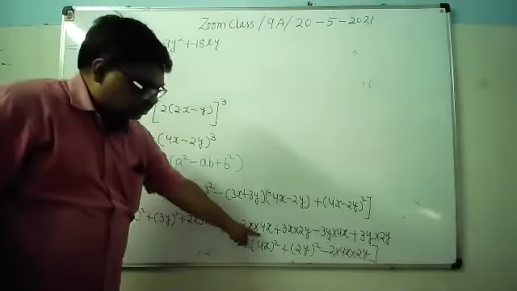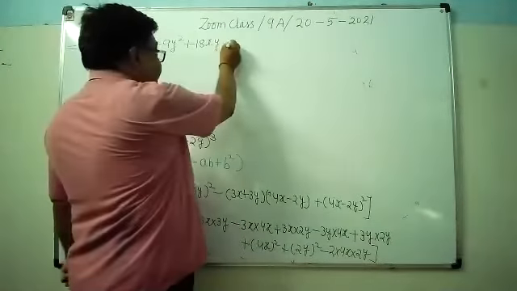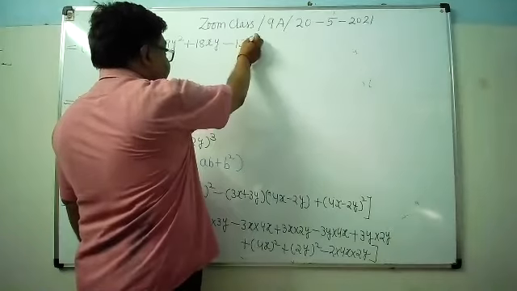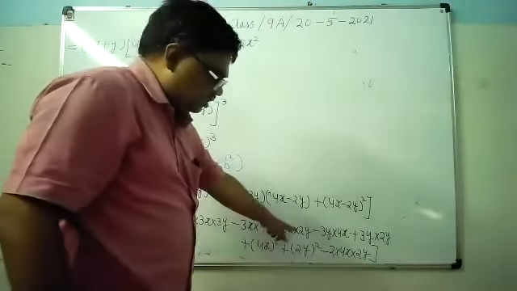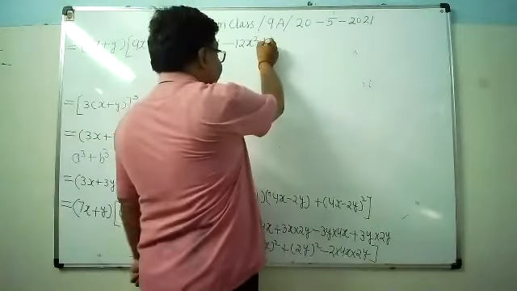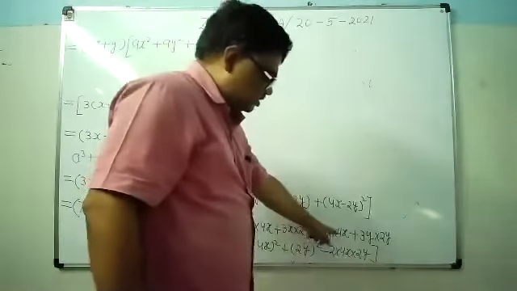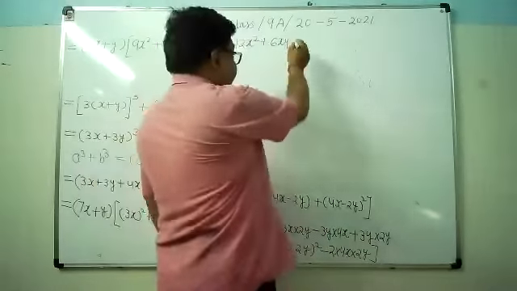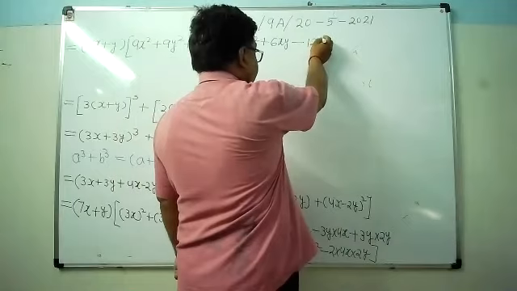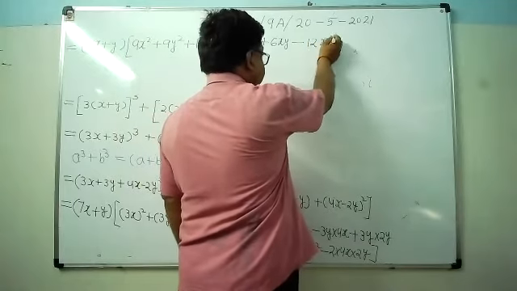Then here minus 12x square. Then plus 6xy. Then this is minus 12xy.